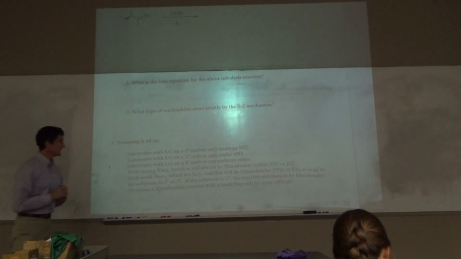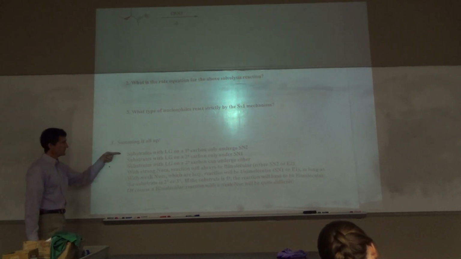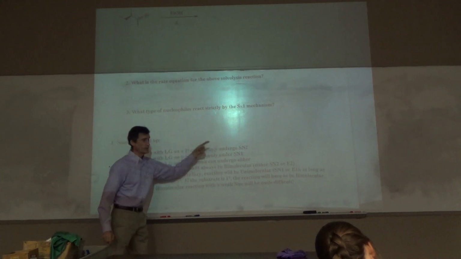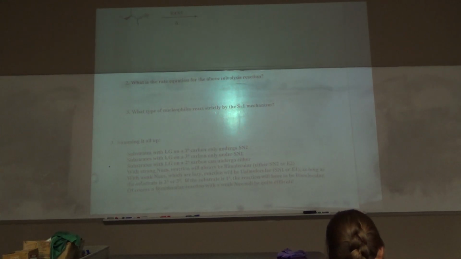Summing up this handout. Okay, substrates with leaving group on primary carbon only undergo SN2. Why is that? Why not SN1?